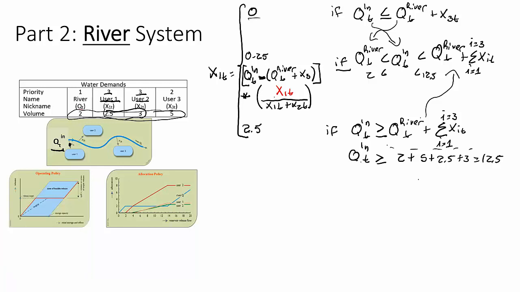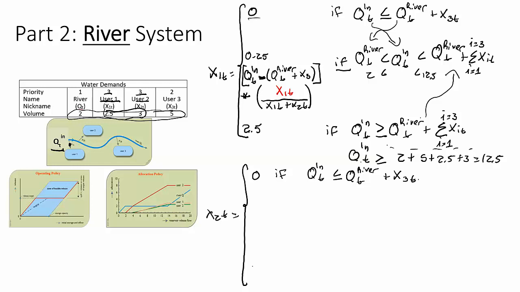It is extremely similar to user number 1. It can receive 0 if the water coming in is less than the water for the river plus the water for user number 3, both of which have higher priority.